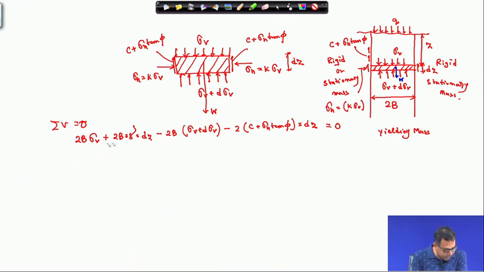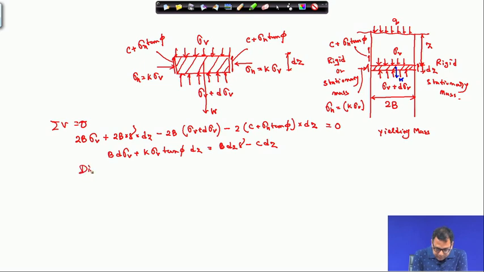After simplifying I can write b d sigma v plus k sigma v tan phi dz equal to b dz gamma minus c dz.